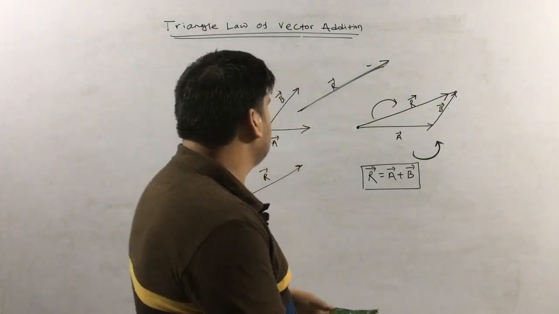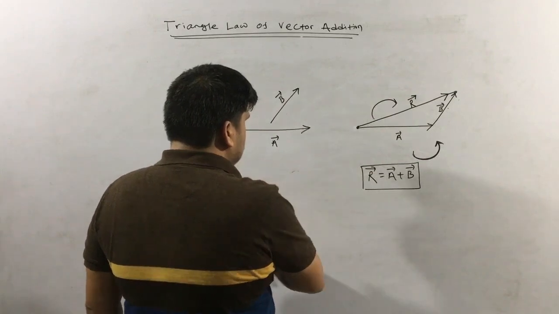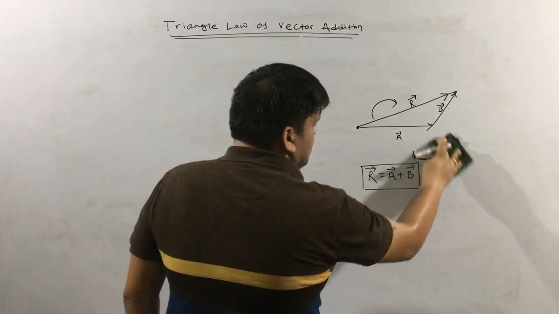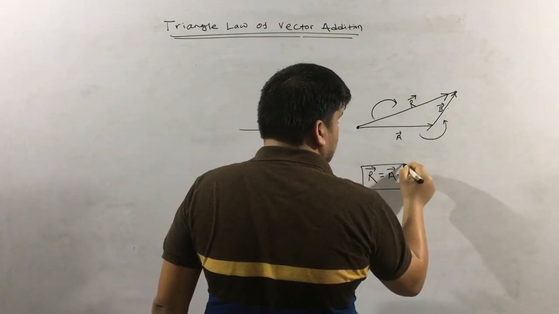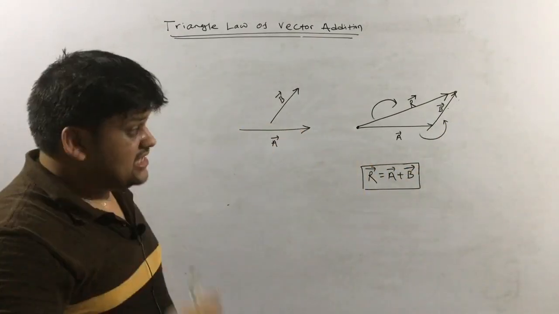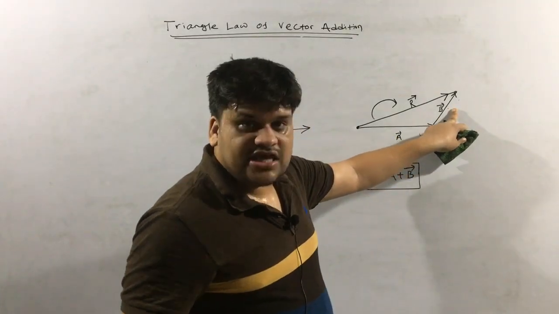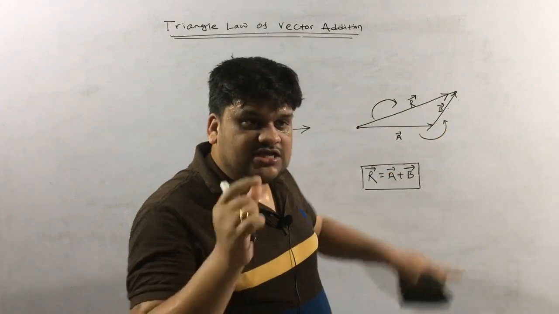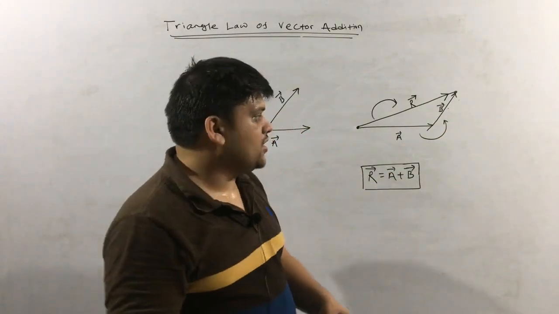Okay, now let me wipe out all this, and let me define the triangle law in a single statement. Let me state triangle law. If two vectors, listen carefully because it is a long definition and each word matters. If you leave out even one word, marks will be deducted.